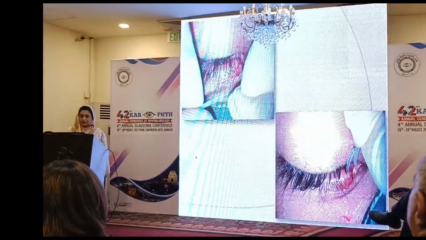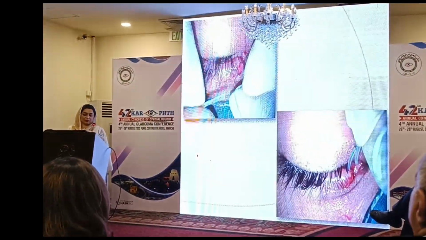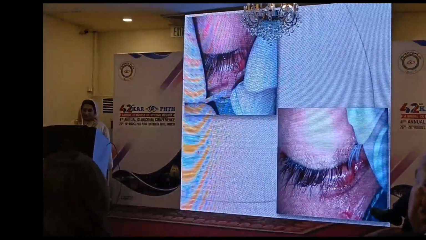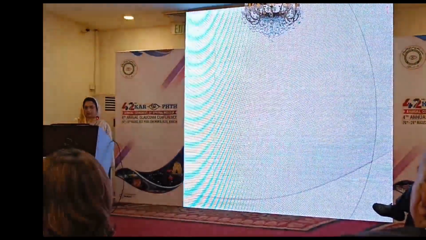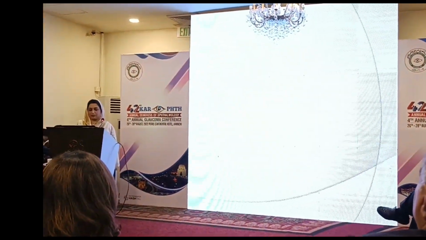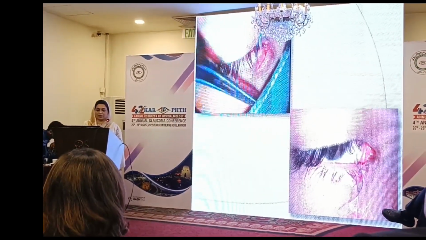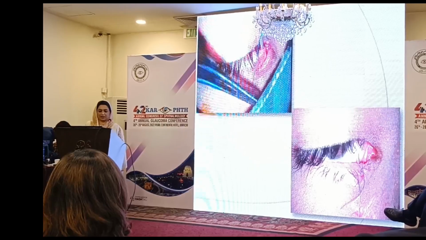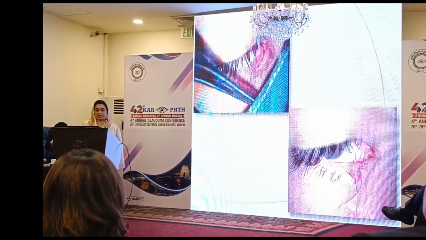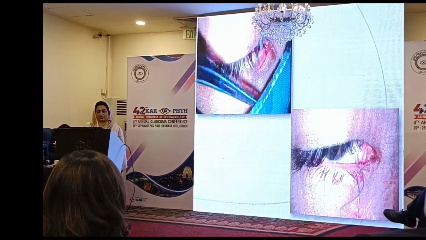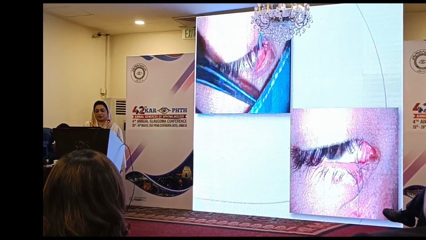So again, when we have passed the silicone tube through the canalicular system, we can just tie it, and we have to bury the knot inside the silicone tube, and then rotate it. So the final picture looks like this: we have applied a knot, buried it under the silicone tube, and then rotated it inside.